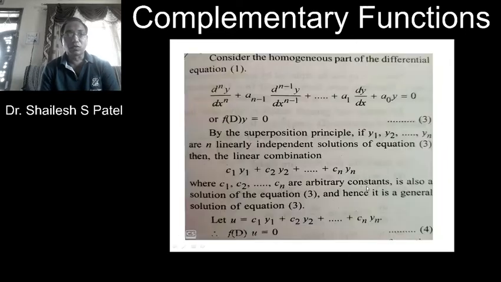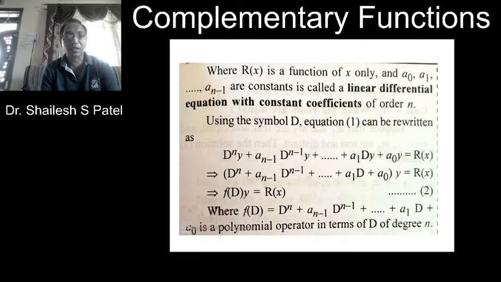To solve this equation, we need to solve it in two parts. The first part is by considering the right hand side equal to 0. That means at the first level we will consider right hand side r(x) equal to 0, that is, f(D) y equal to 0, and solve the equation.